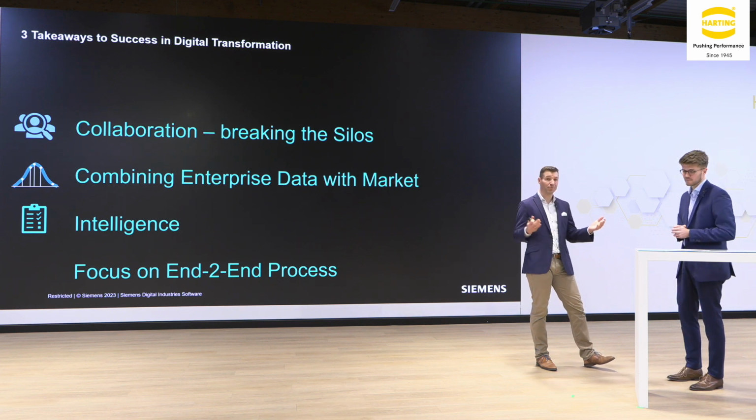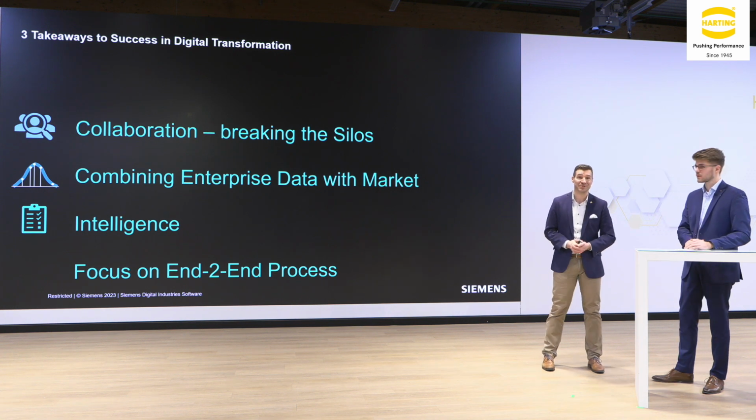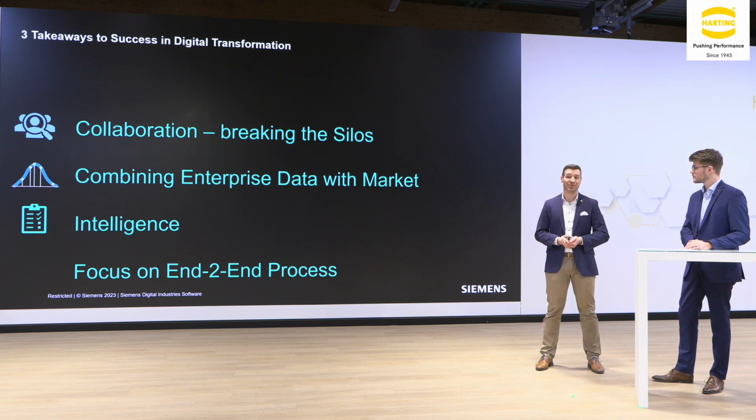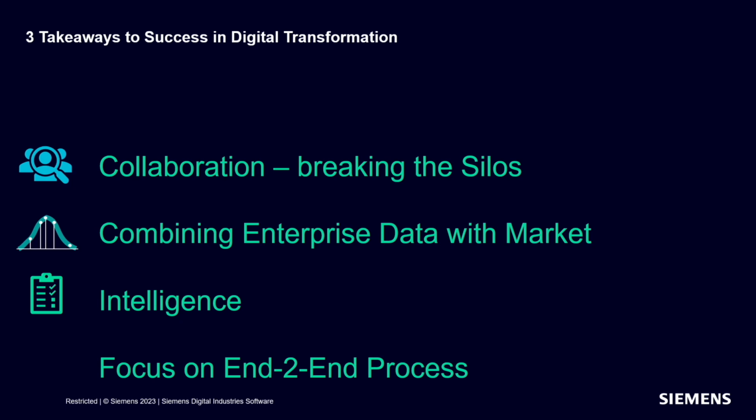Yeah. So we see the three most important parts on the slide here, what I personally think and what we feel from all the customer collaboration we're experiencing are super important. First of all, collaboration is key, breaking the silos, and breaking the silos not only means getting the people working together, but also bringing all the data together so that everyone has the right insights into what is going on and has the right baseline for making the right decisions.